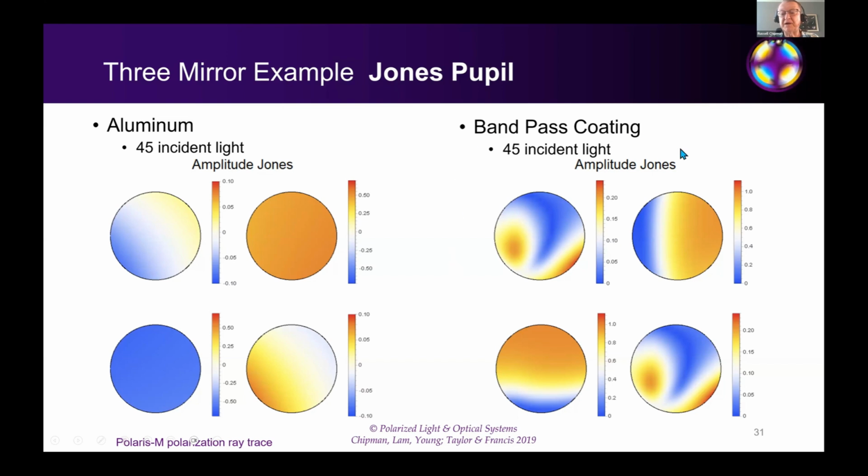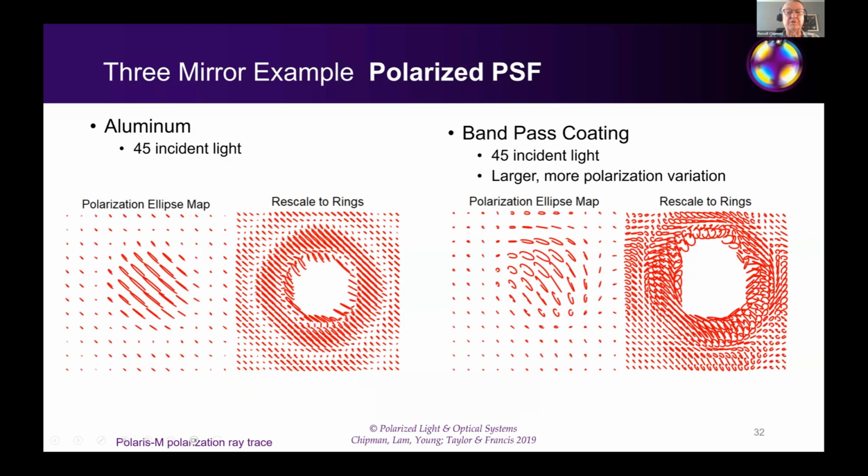But for the bandpass coating, I've got this very curious Jones pupil, and I'm just showing the amplitude here. Okay, so it's highly apodized, and it's just darn interesting. So if we look at the point spread function that we can get by Fourier transforming the light in the exit pupil, if we take light incident at 45 degrees, after 3 reflections from the aluminum, it comes out at about 135 degrees.